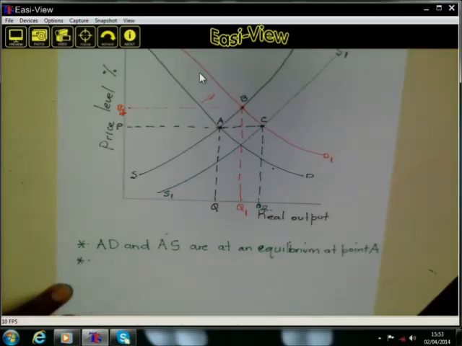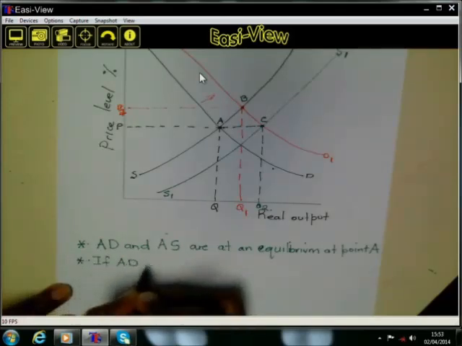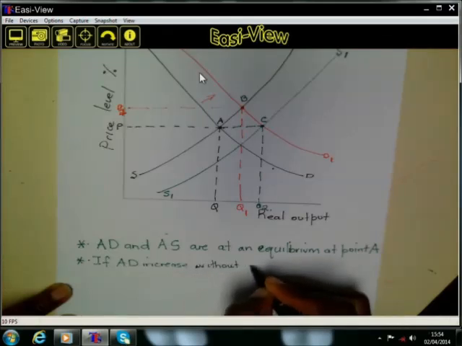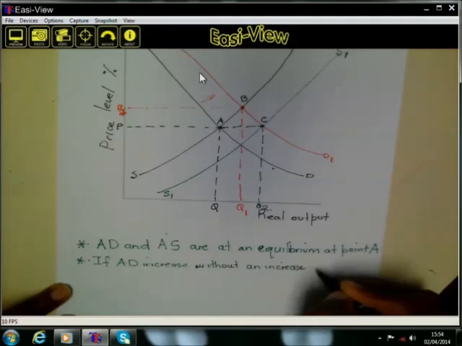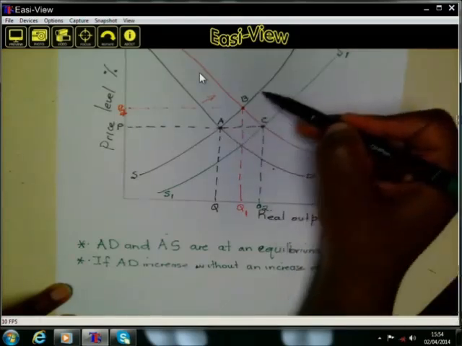So now what happens if aggregate demand increases without an increase in aggregate supply? There we saw what happened.